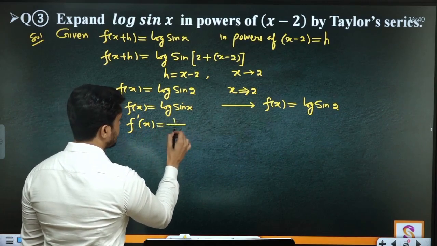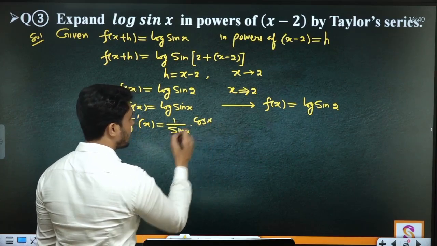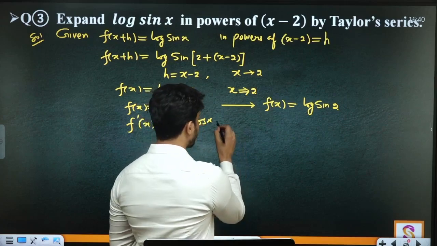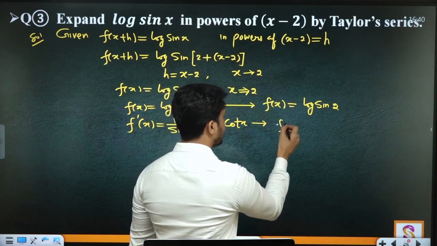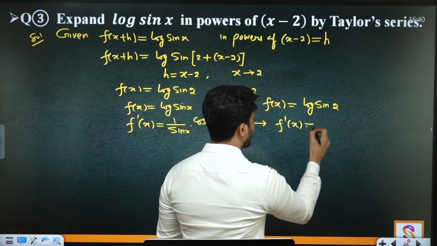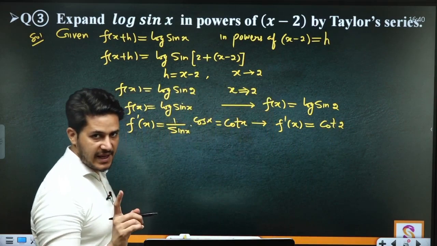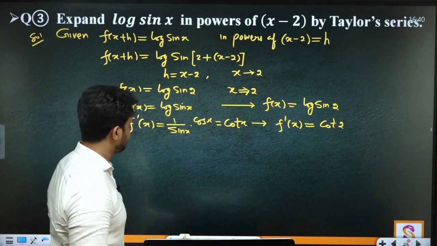f dash x is 1 upon sin x, and the derivative of sin is cos, so cos upon sin is cot x, but the actual value of this f dash x will be cot 2. Is it understood? Now we can understand it easily by replacing the derivative with x.